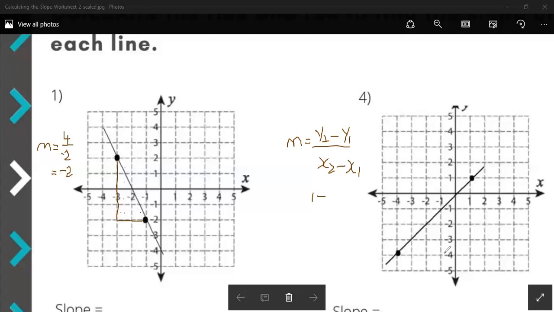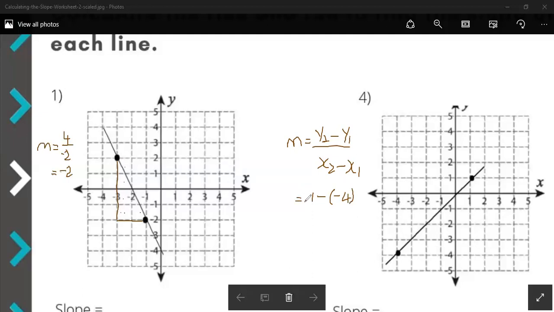That y1 is -4, y-axis there. So it's 1 minus -4, and we're going to put the -4 in a bracket. Right?